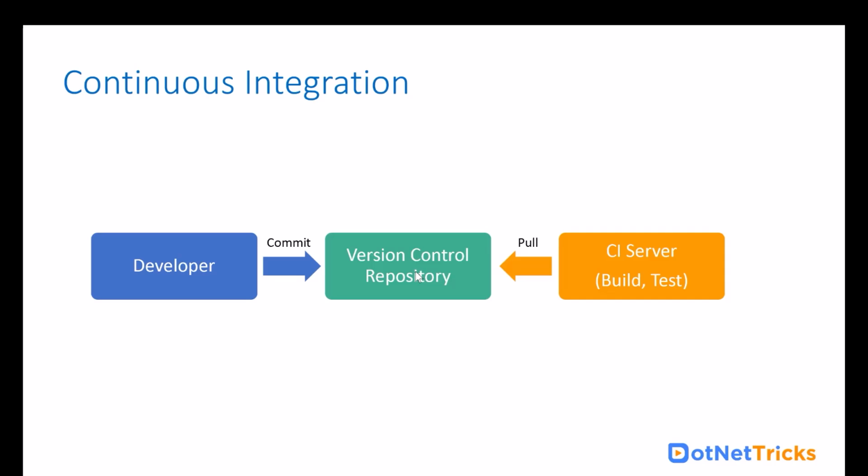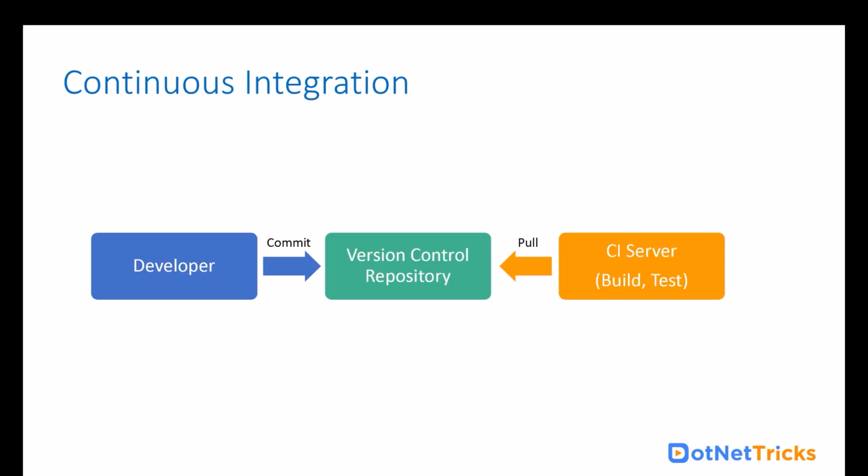If there is any error in the build process, it will provide us a detailed report, showing the point where the build has failed. So continuous integration is an important thing when we commit changes and want to verify whether the changes committed by the developers impact the entire build lifecycle or not.